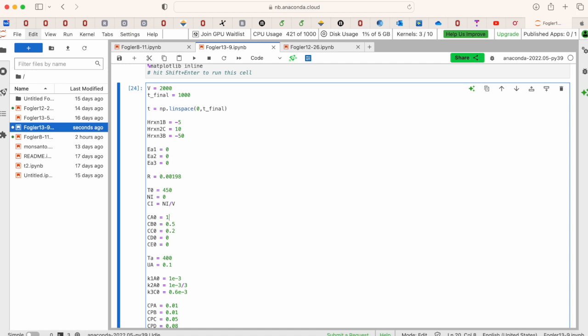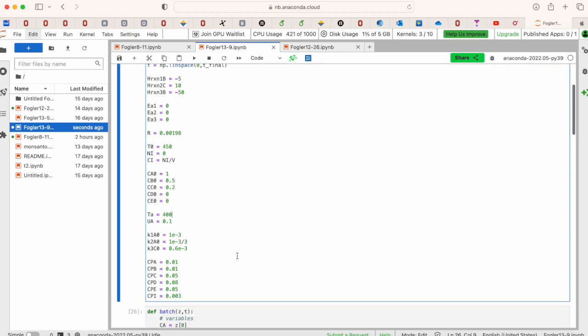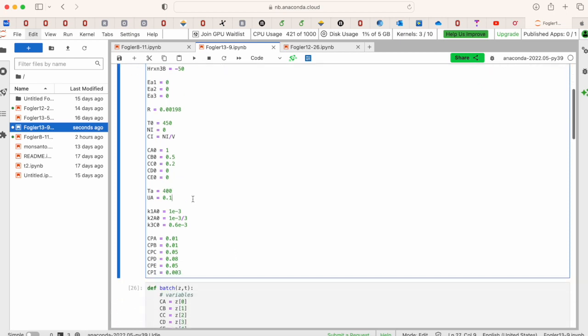We don't have any inert in our system, which is why this is 0. Here are all of my initial concentrations. This is the temperature of the cooling fluid and the heat transfer coefficient, and that is going to be in units of kilocalories per second per Kelvin.